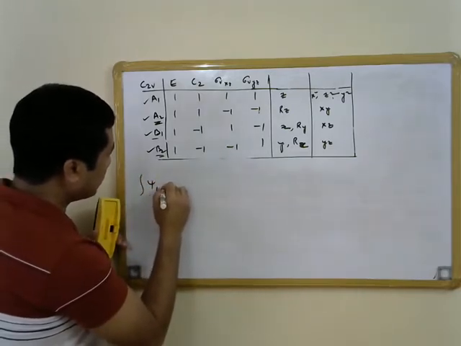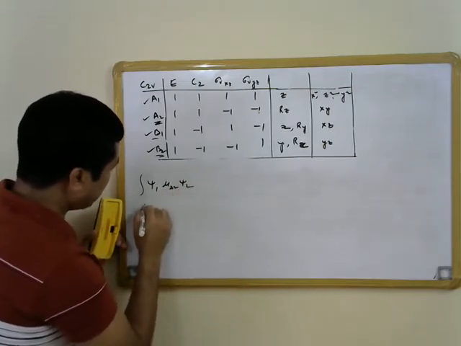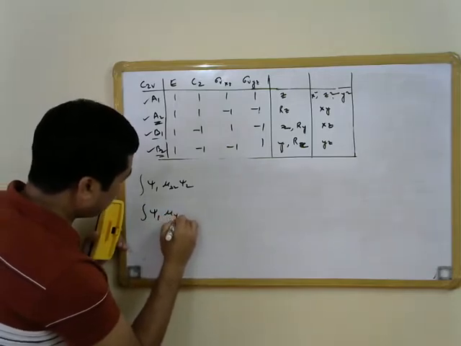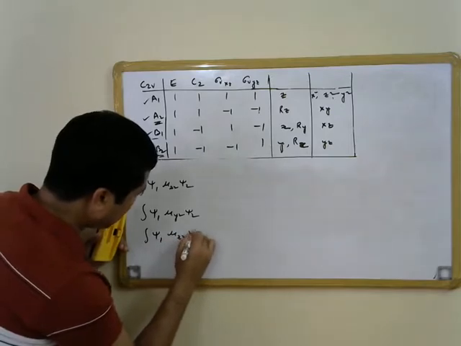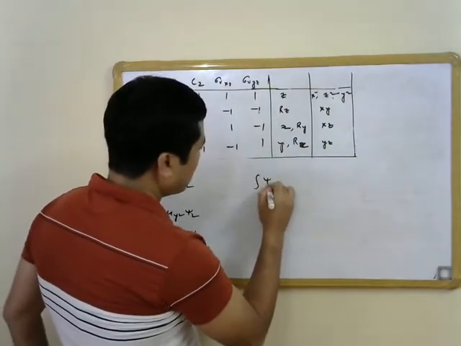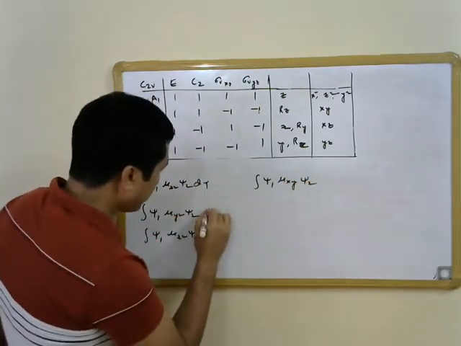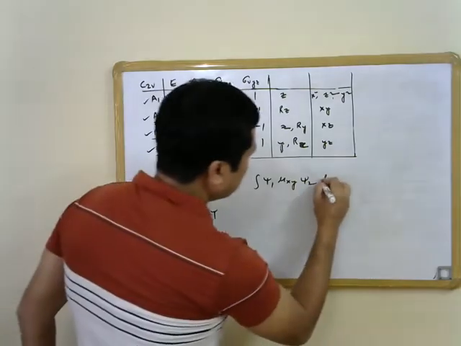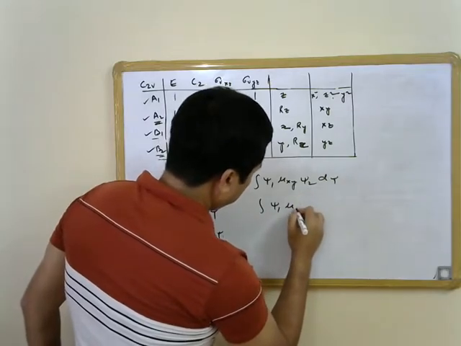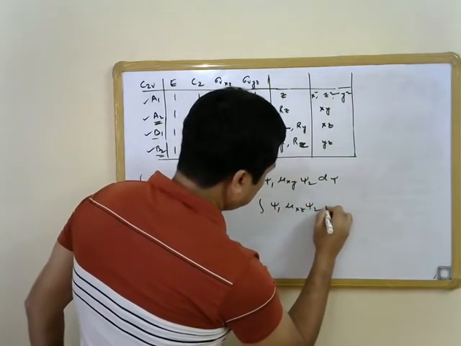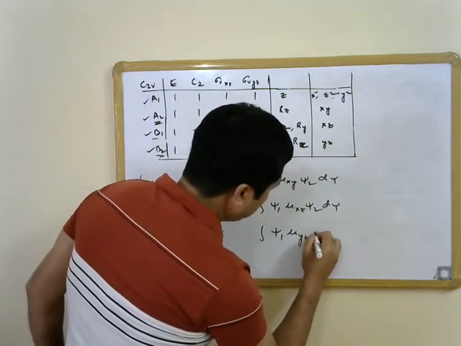That is, we have to do psi 1 x squared psi 2, psi 1 y squared psi 2, psi 1 z squared psi 2, as well as psi 1 xy psi 2 d tau. Everywhere we have d tau, and psi 1 xz psi 2 d tau, psi 1 yz psi 2 d tau.